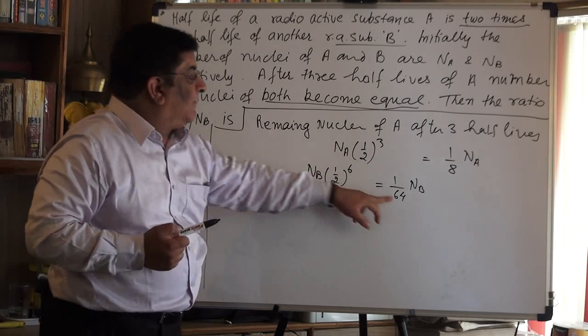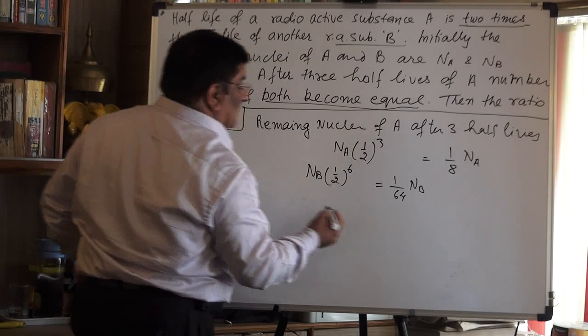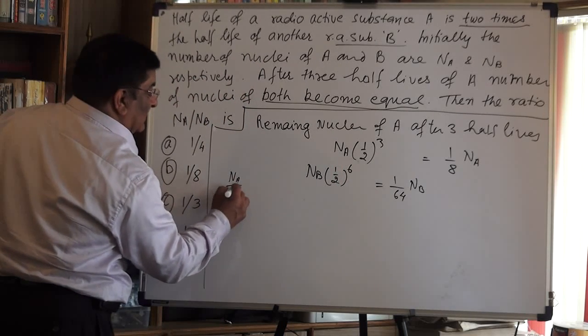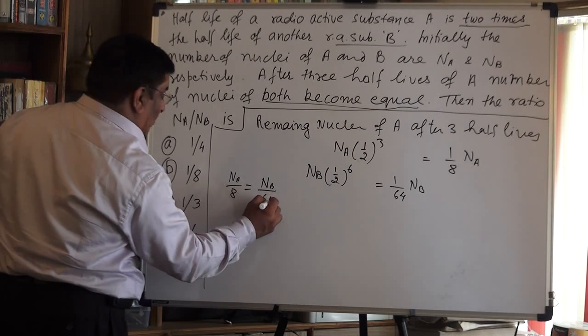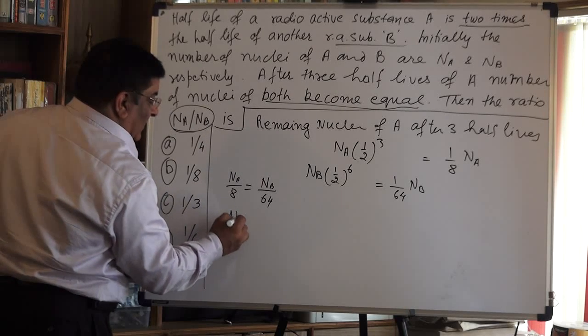So after 6 half-lives of this, after 3 half-lives of this, now you can make both equal. So Na upon 8 is equal to Nb upon 64, and you can find out Na upon Nb.